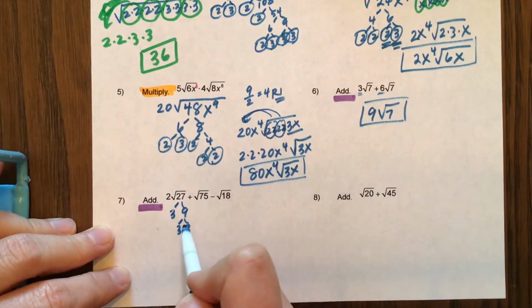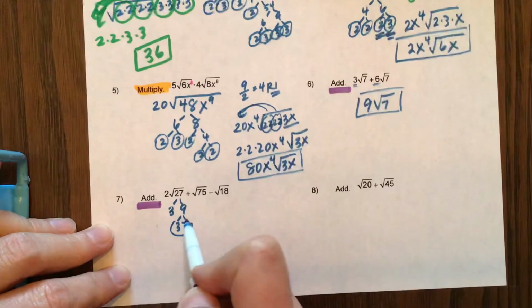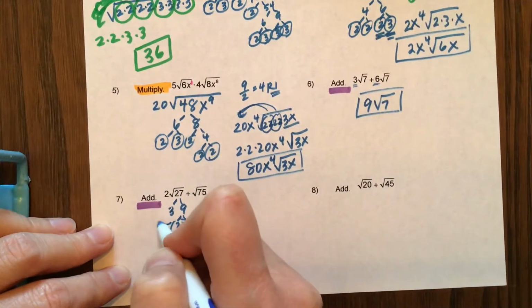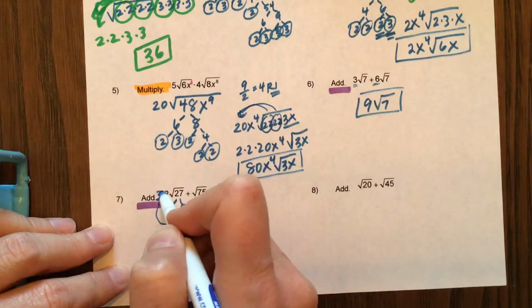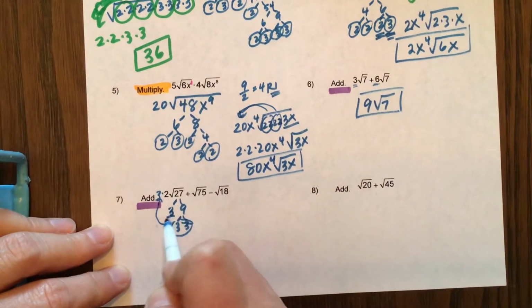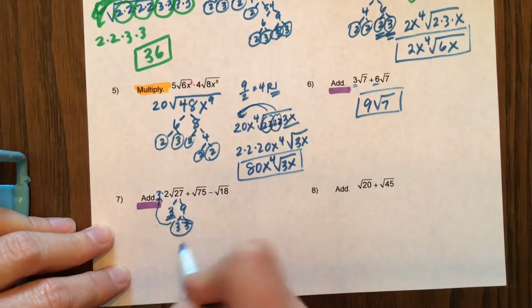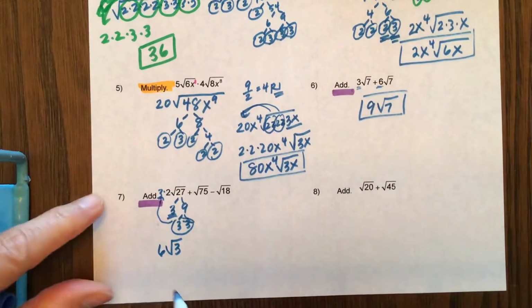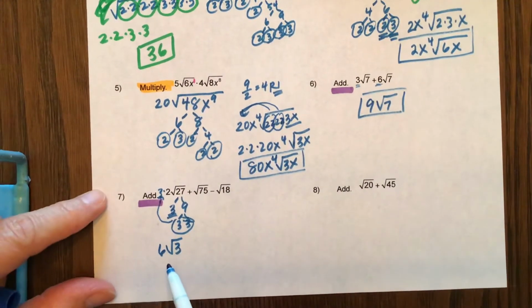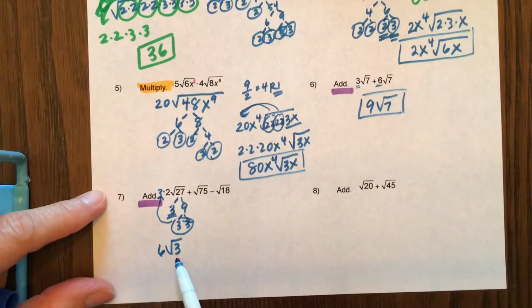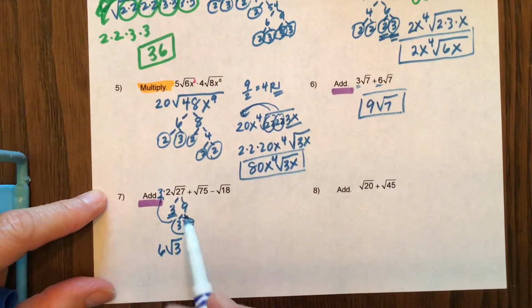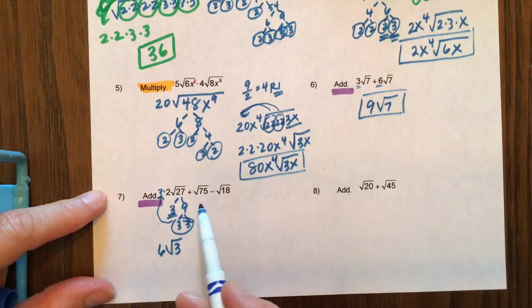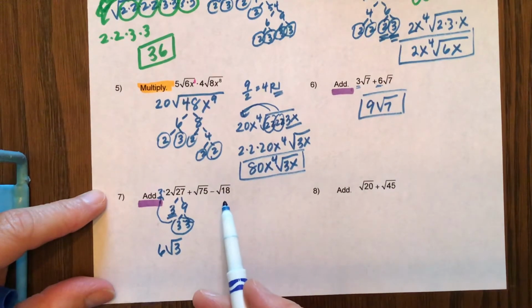Well, I can get a group of 2 3s that can come out and join in with that 2 that was already out there, and that 3 has to remain. So 3 times 2 gives me 6 times the square root of 3. So since I've simplified this one, I know that I need to have radicands of 3 to be able to combine.